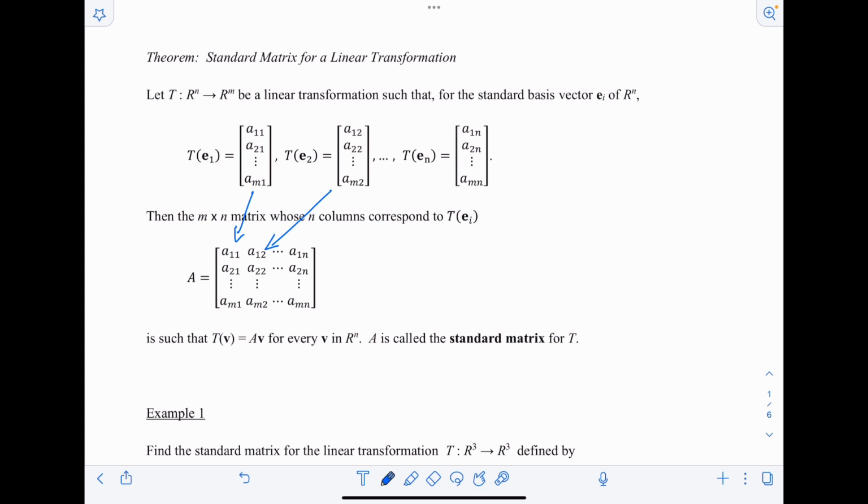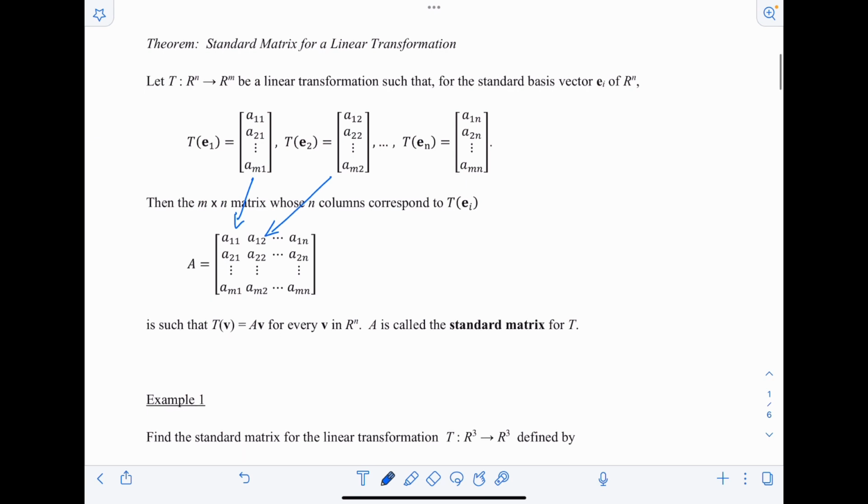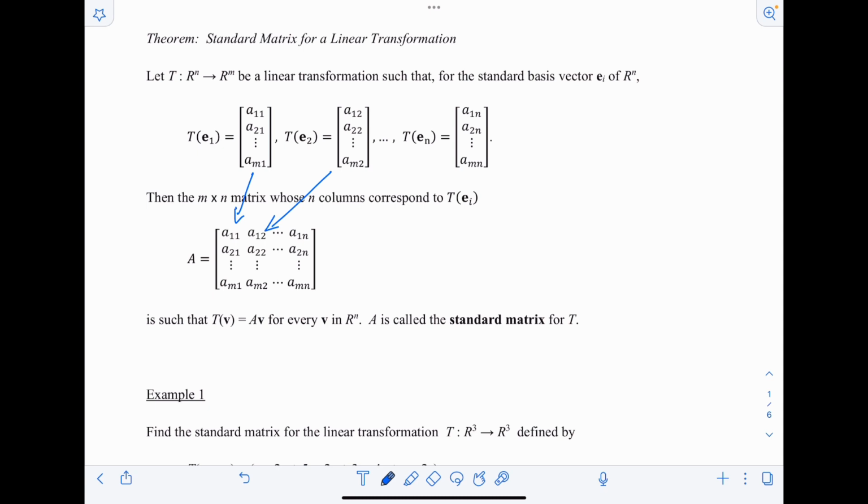So this matrix A is simply the mashing together of all of these T of Ei column matrices. And then it goes on to say that this is such that T of v equals A times v for every v in Rn. A is called the standard matrix for T.